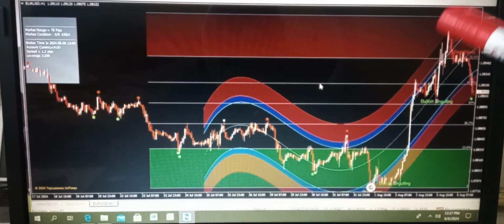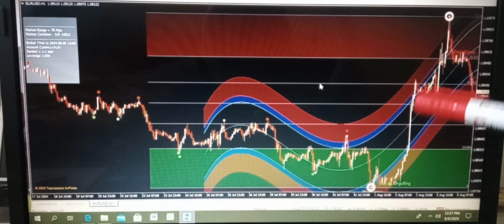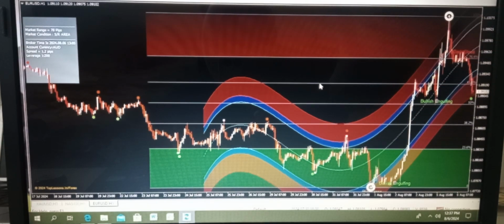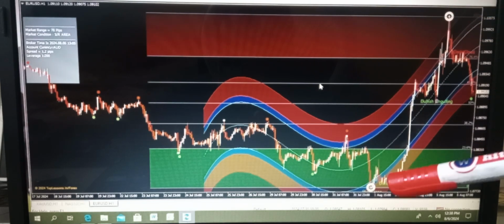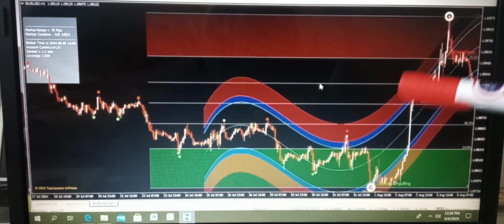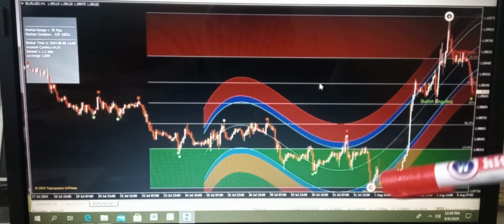The reason these two signals are very accurate and good for making more money, with high chances that you will get more pips, is that they represent high-possibility trades. They are also long-term signals.